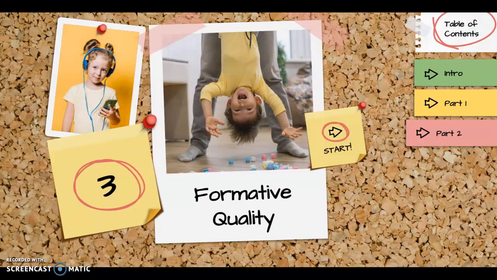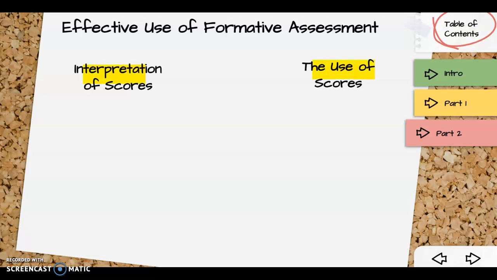Another important factor to consider when comparing formative and summative assessment is the quality of formative assessment. Many teachers have experienced how summative assessments can be ineffective. The same is true for formative assessment if it is not done right. The authors of one article discussed how formative assessment must be validated to ensure that scores are interpreted and used as intended.